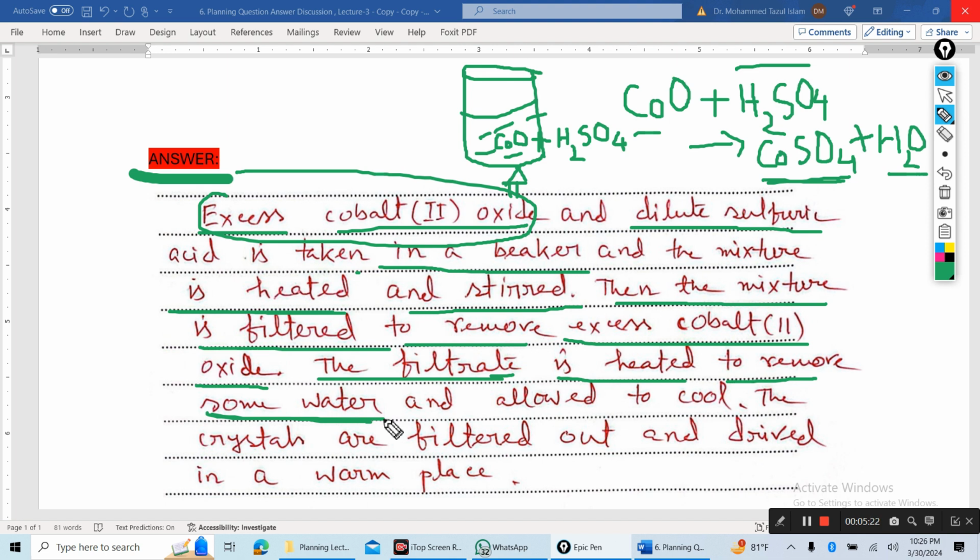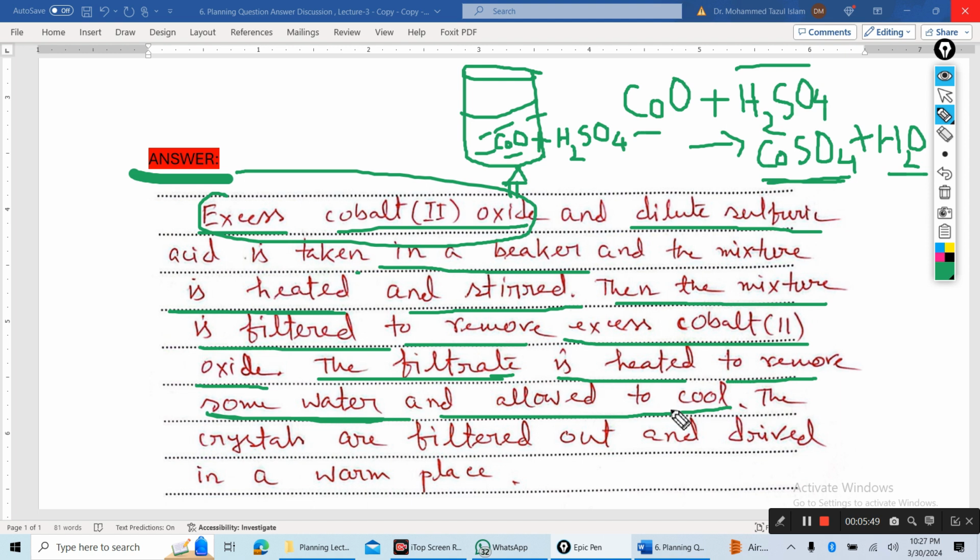That point is known as the crystallization point. The filtrate is heated and allowed to cool.